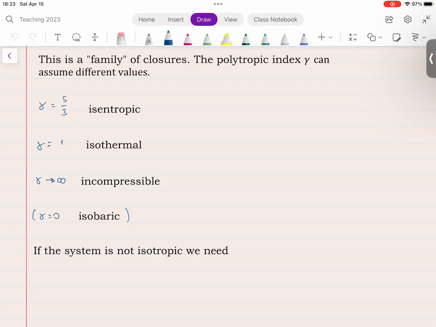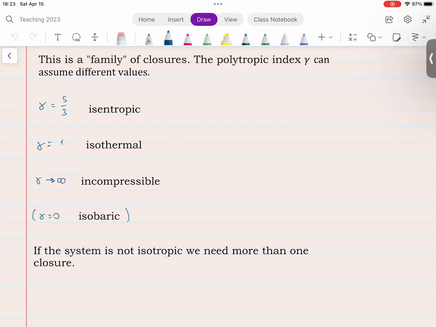And therefore, we're going to need more than one closure. Remember what happens with the closures we just discussed, the polytropic closures, is that we need to specify an equation relating pressure and density, because otherwise we'd have more unknowns than we have equations.